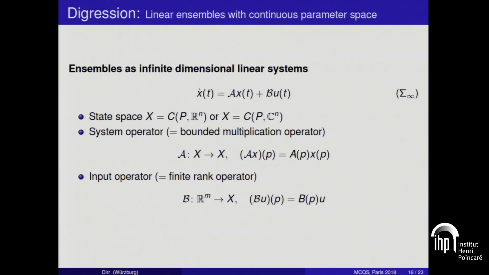This is a multiplication operator in your state space. It's a bounded operator, and for the B operator we can define this here, to see that the entire system can be written in this abstract linear form where A and B are now infinite dimensional operators.